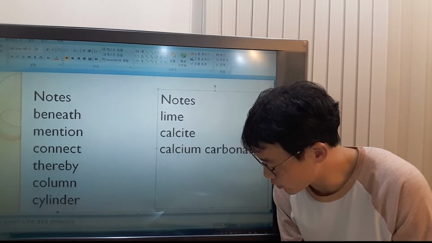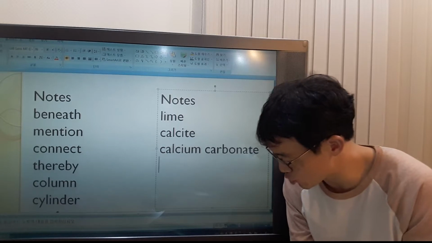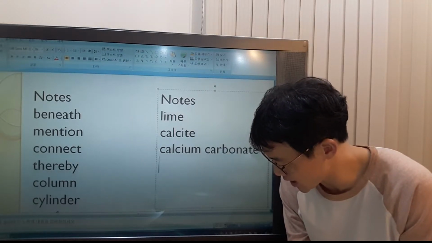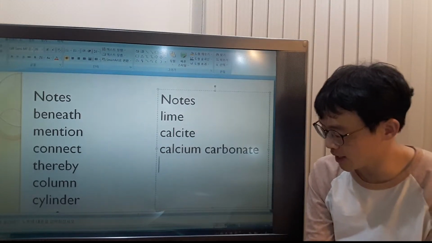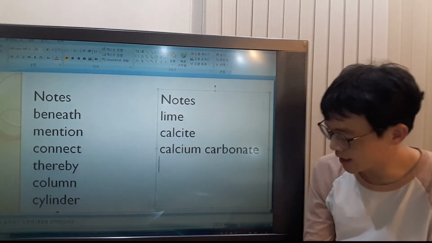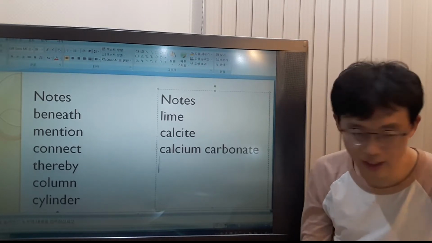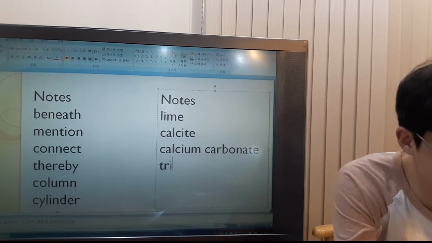How do they form? As rainwater falls to the ground and trickles into a limestone cave, it picks up carbon dioxide and various minerals from the limestone. Trickle, what does that mean?